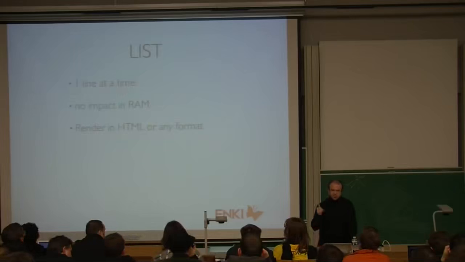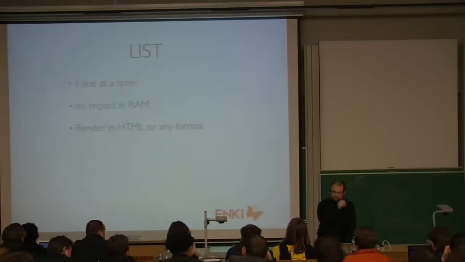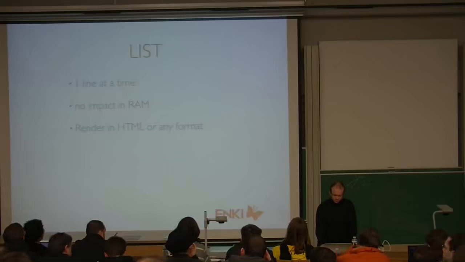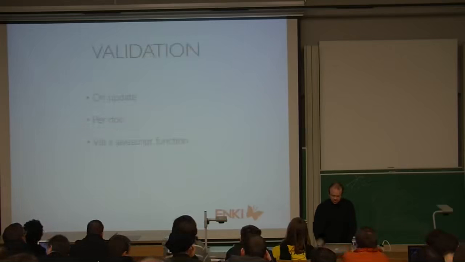They are run one line at a time, so you can eventually stream the response. This is the same with the view. You can get the results streamed line by line in your application. So you can eventually get more than 10,000 lines at one time without taking memory in your application. And lists can be rendered in HTML or other formats.